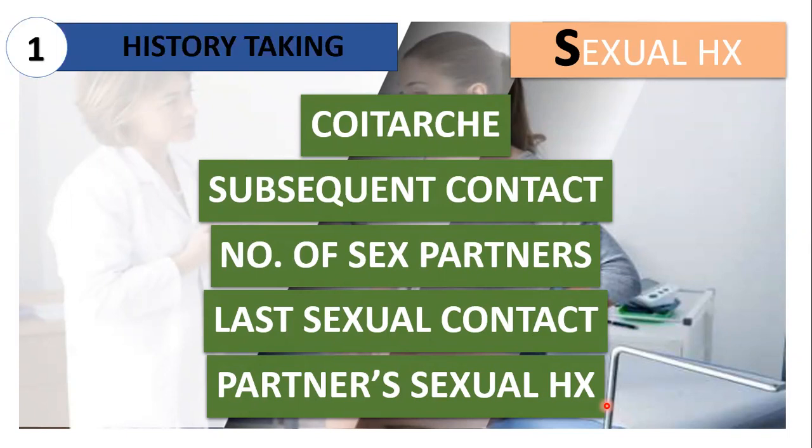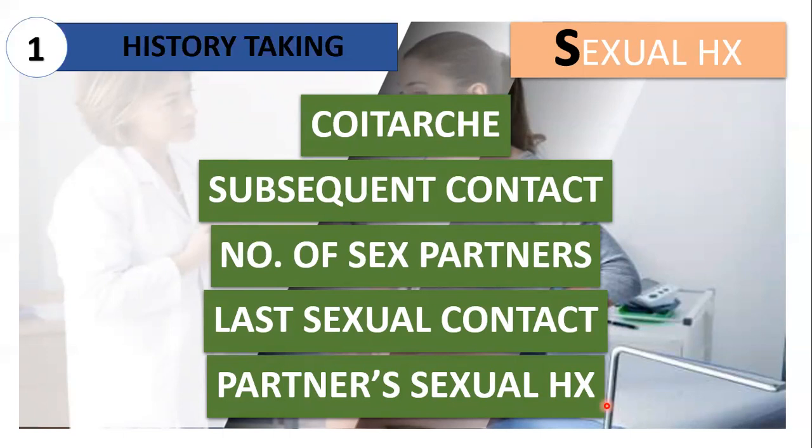Okay, so let's recap. OB-GYN history is composed of MOGS, the menstrual, OB score, gynae history, and sexual history. While menstrual history is composed of MIDAS, the menarche, interval, duration, amount, and symptoms.